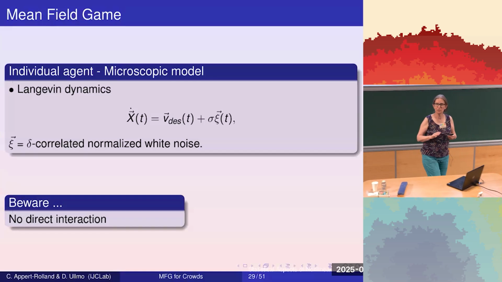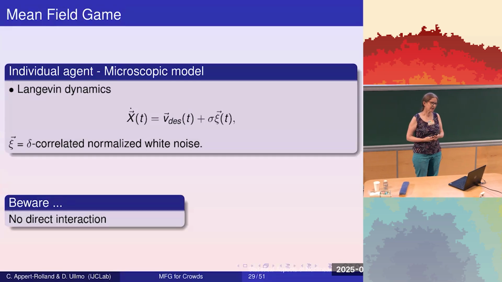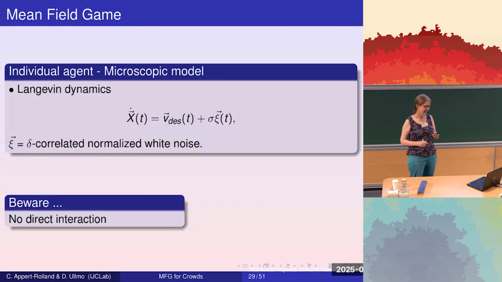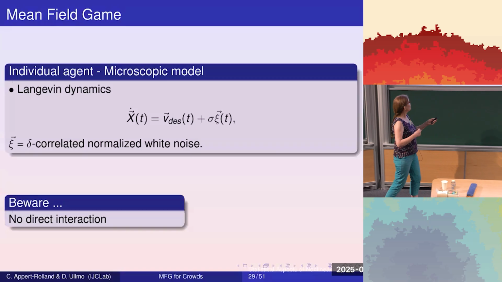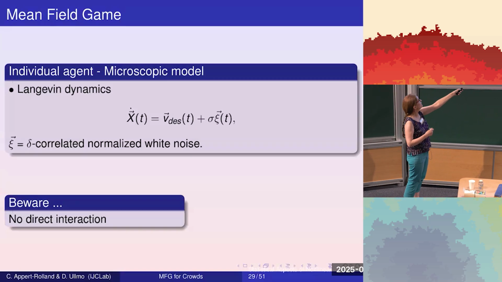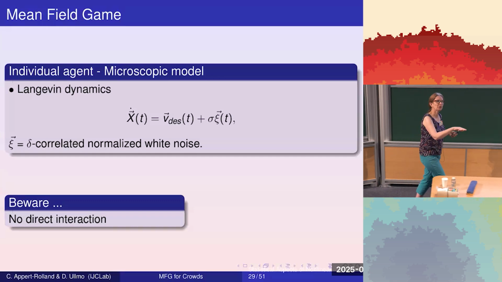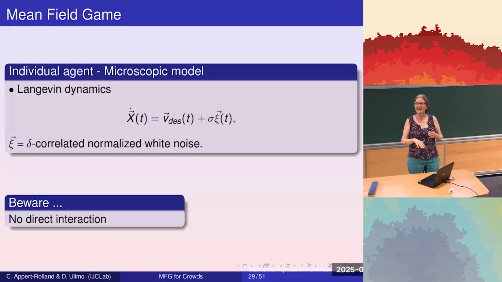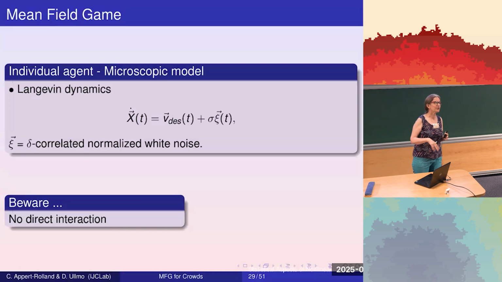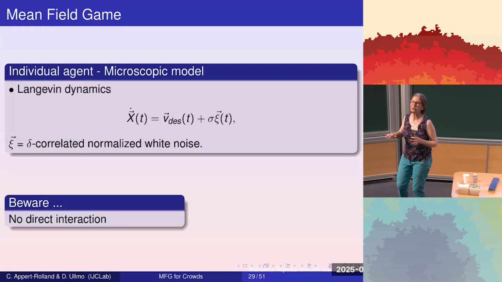So I will tell you a little more about the formalism. Again, we start with Langevin dynamics. I think you have seen this quite often. Now my desired velocity, where I want to go, is there, but it's perturbed by some noise that could be the perturbations of the others. Of course, you understand that I have no scale separation that allows me to do this in a very controlled way.